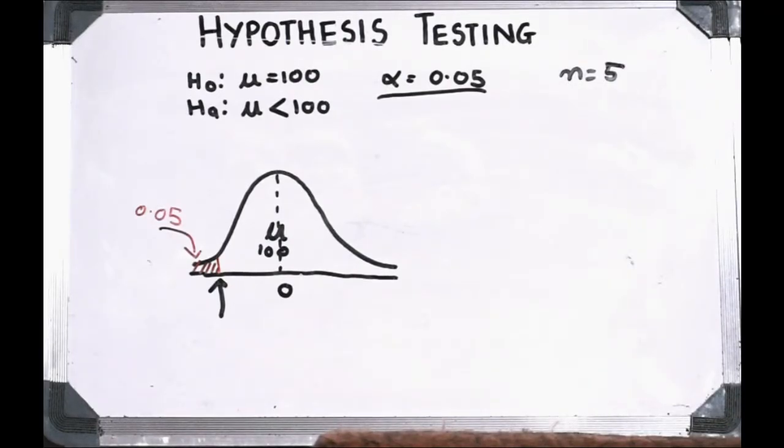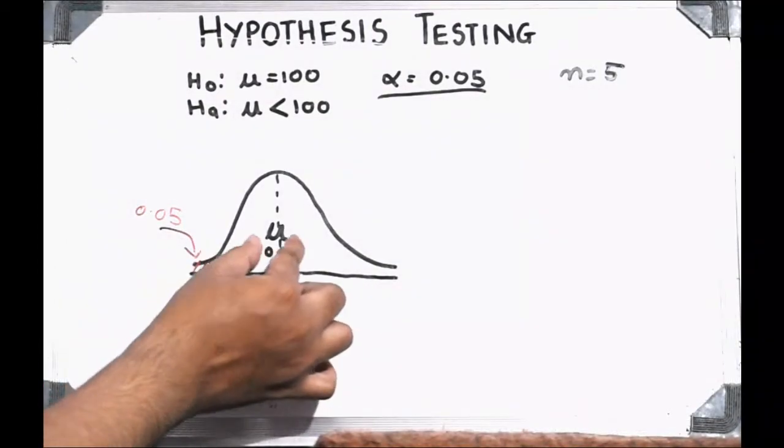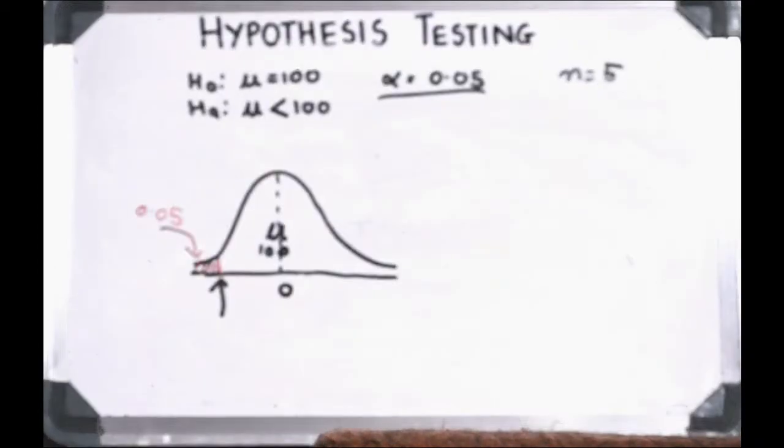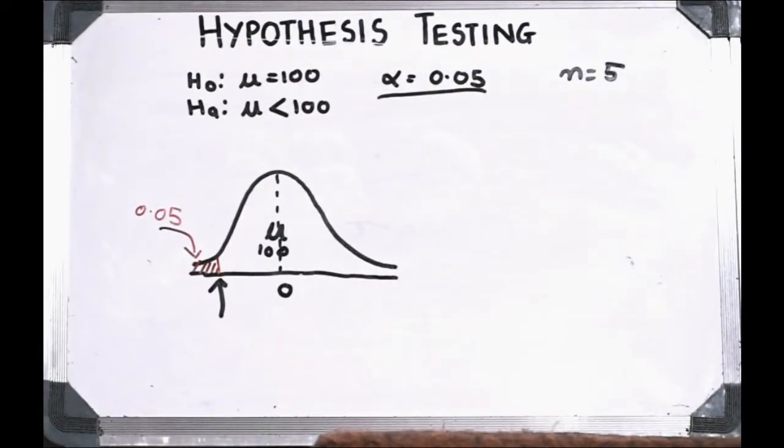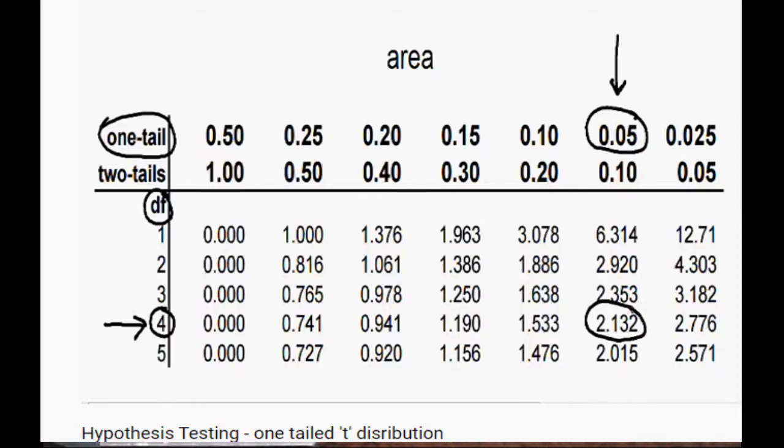In order to find the critical value, we will first identify the critical value which separates these two regions. From the T table, if you see on the board, we find the value corresponding to the area of 0.05.